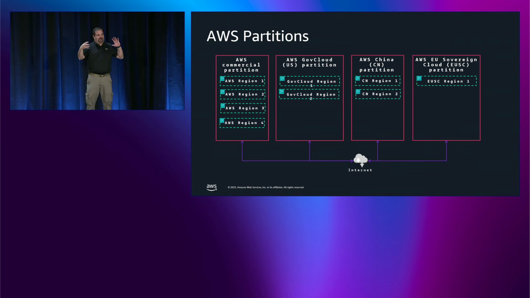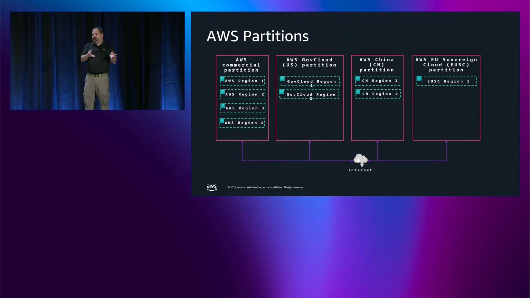So if you need to migrate an application across or build it in a new partition, things like IAM principals and account numbers will be different because those are two different software stacks. Outside of the global services, partitions are just groupings of one or more regions.